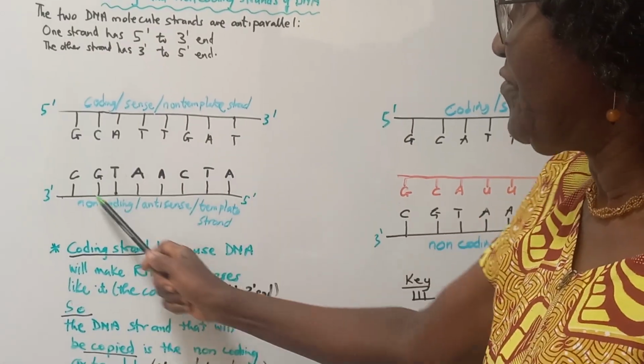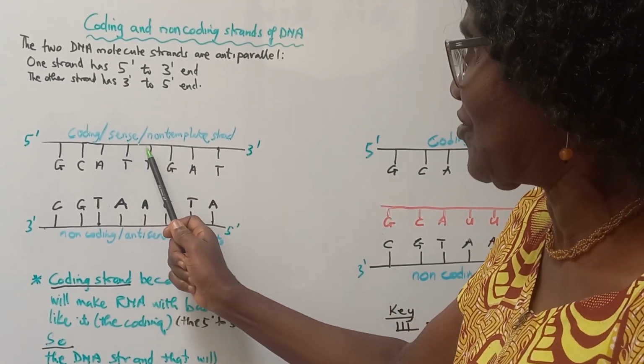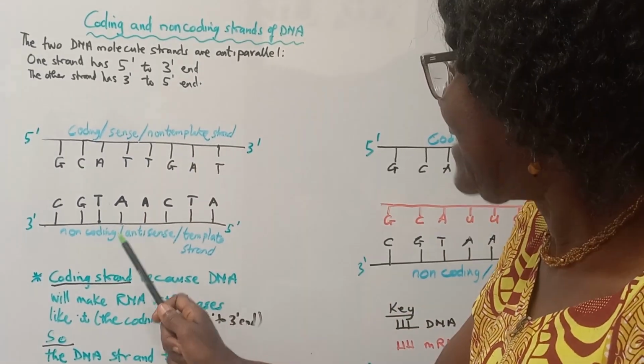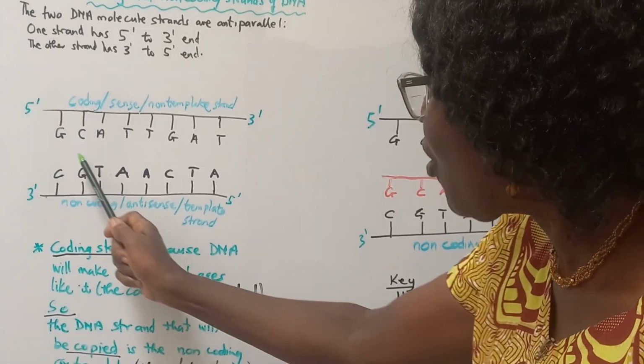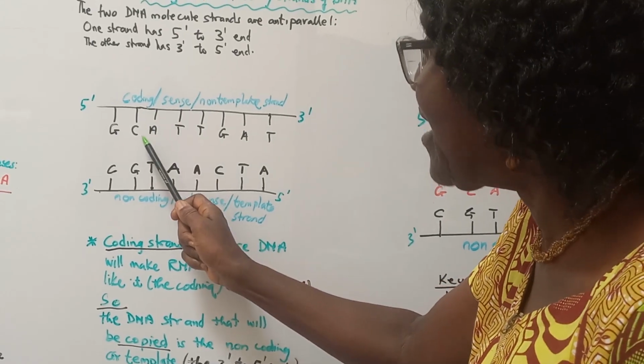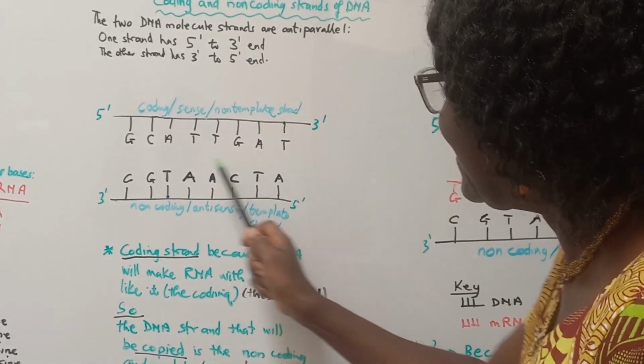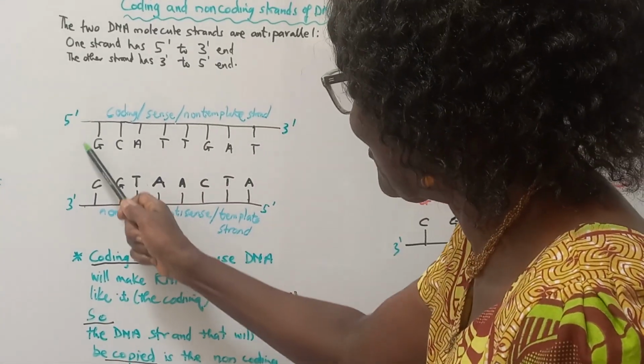The meaning of these is that the coding or sense strand is the strand that the DNA wants to make copies of in RNA. So it's the coding strand because by the time RNA has been formed, it has copied this strand.